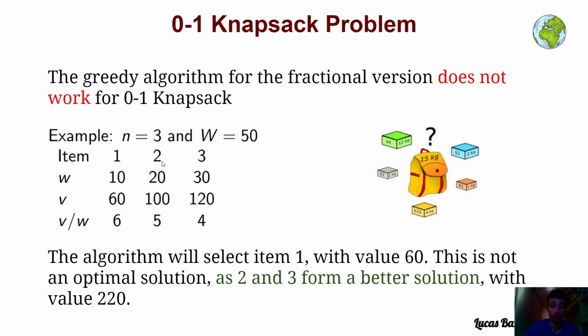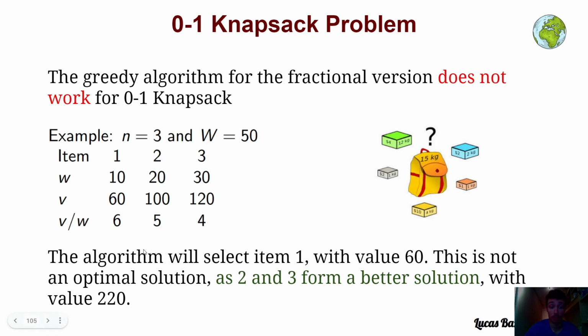If we take only items 2 and 3, we will have a total weight occupation of 50, which is precisely what we have as a maximum, and the total value will be the sum of these two values, 100 plus 120, giving us a total value of 220. In fact, the optimal solution here is selecting items 2 and 3.